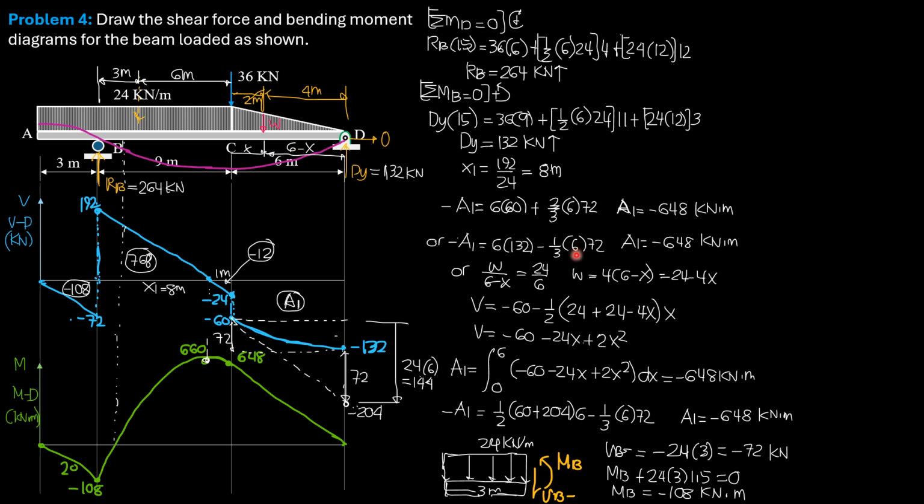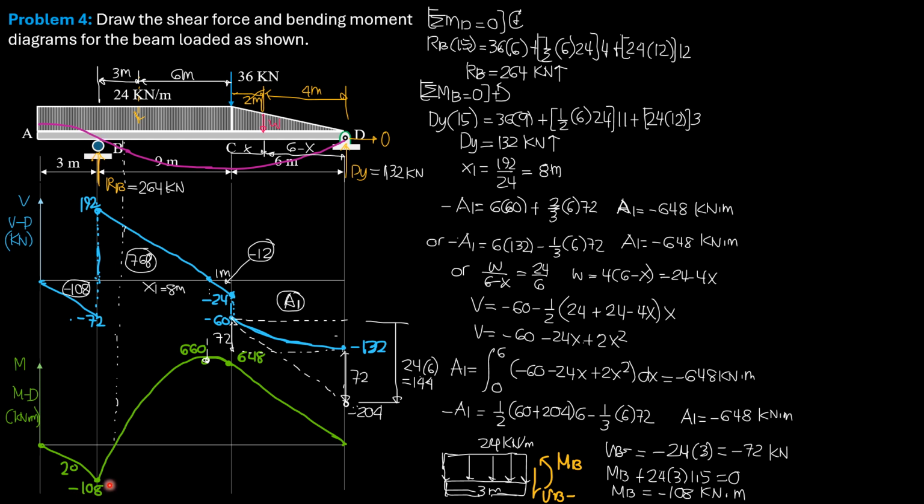Then for the moment diagram, we have a shear diagram which crosses the horizontal axis where shear is 0, corresponding to maximum positive moment for that case, but not all maximum moments would be positive. There are situations where the moment is negative, and negative moments are expected over the overhangs like this.